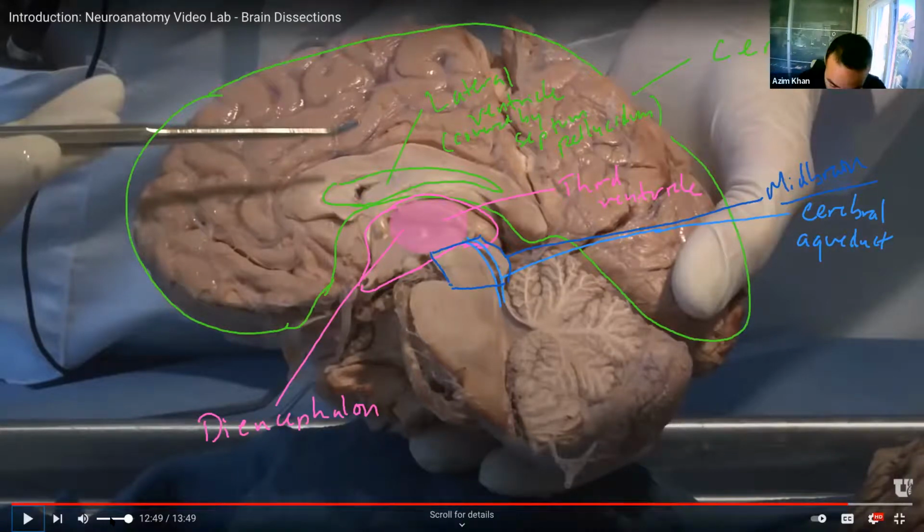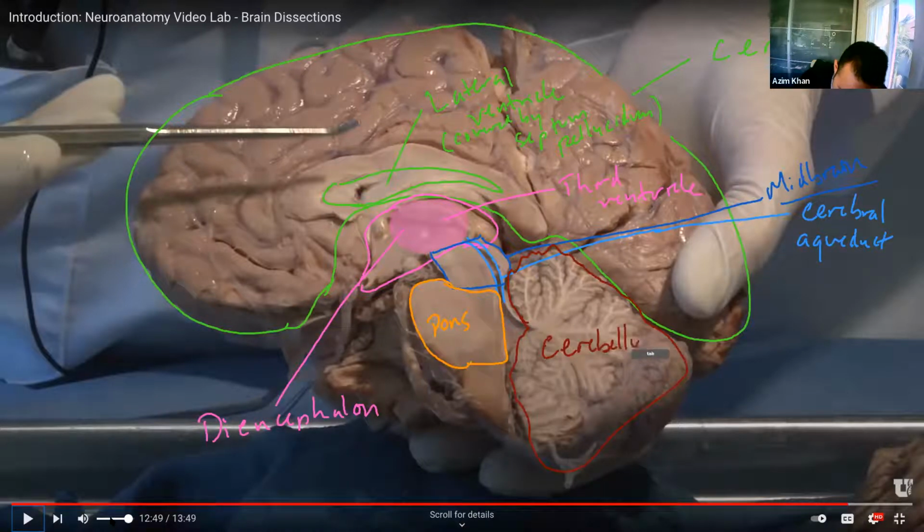This region over here, this huge roundish bulge, this is the pons. And then the cerebellum is the funny branchy tree looking thing here in the back. And then the narrow stalk that goes down this way, that's the medulla oblongata.